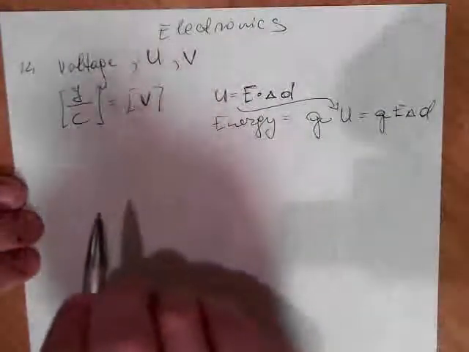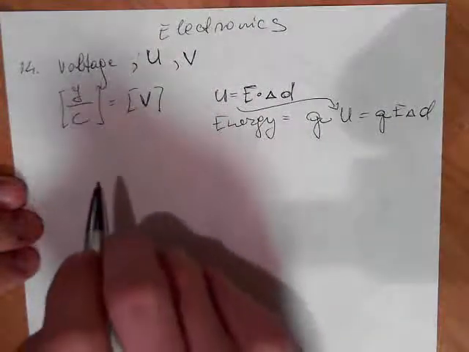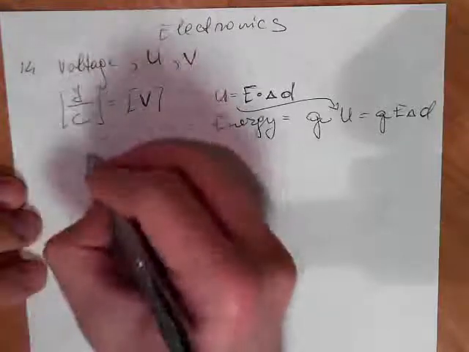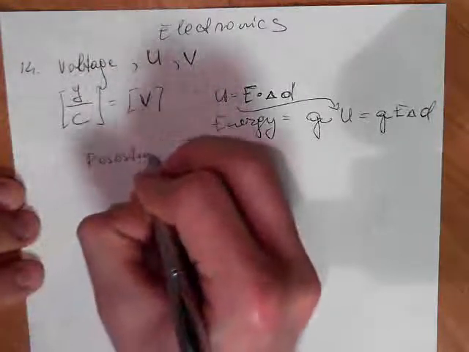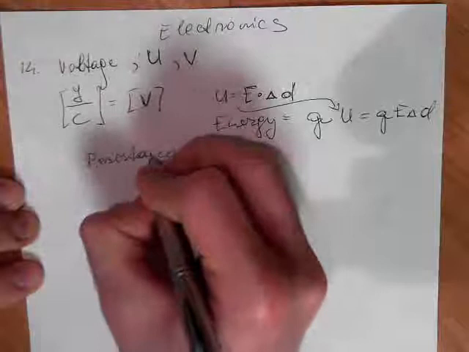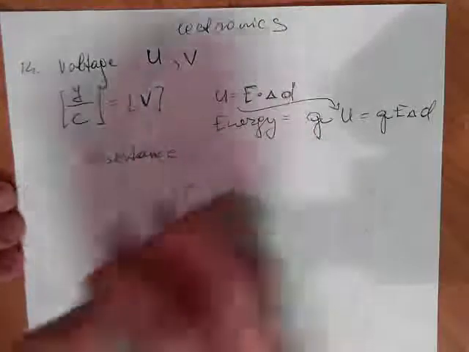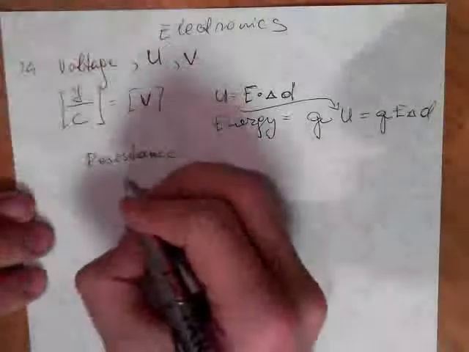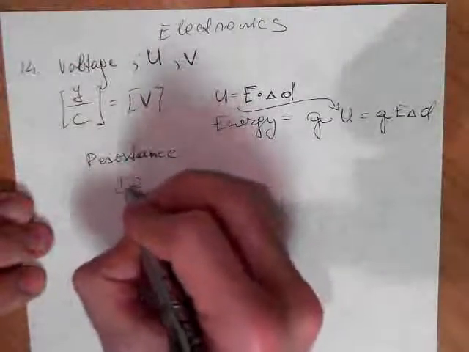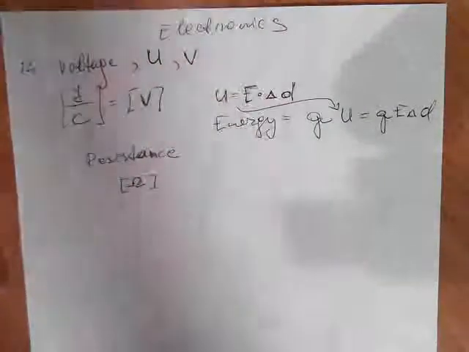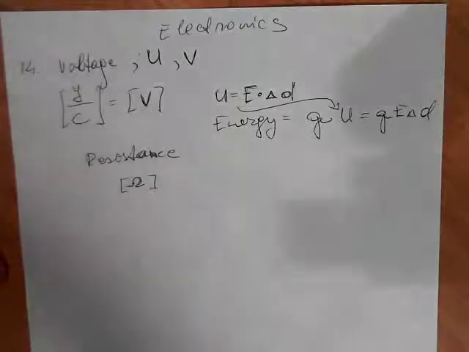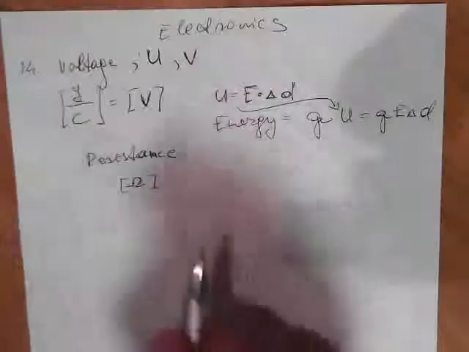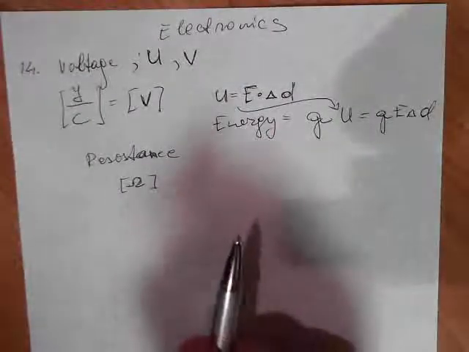Okay, now resistance. This is like some kind of opposition for the moving charges. It is measured in ohms, and for deeper detail you can review the lecture or the internet.